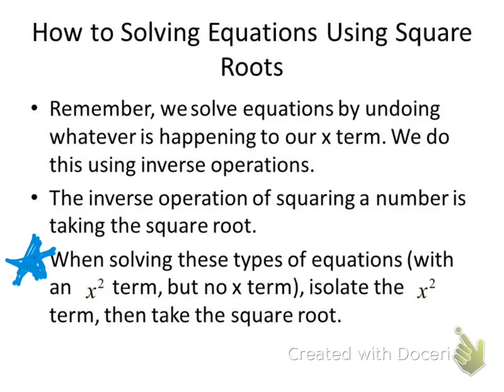So not like the GCF or the MA method from last chapter, where there was an x squared and an x. There will only be an x squared today. You get that x squared by itself, make sure it's all alone on one side of the equal sign, and then you take the square root of both sides. That's how we're going to get the x by itself. Do you have any questions so far?